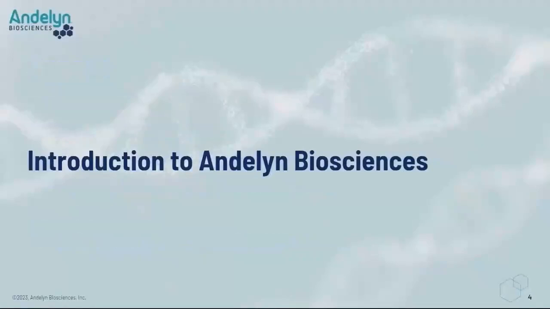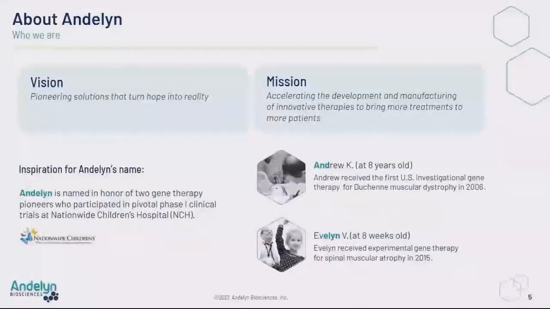So, introduction to Andelin. We always like to start with our mission and vision. Being born out of Nationwide Children's Hospital, I think one thing that sets us apart from any CDMO really is our connection to the patient, and that's directly reflected in our mission and our name, which is derived from Andrew Kilbarger, who at 8 years old received the first U.S. investigational drug for Duchenne muscular dystrophy in 2006.